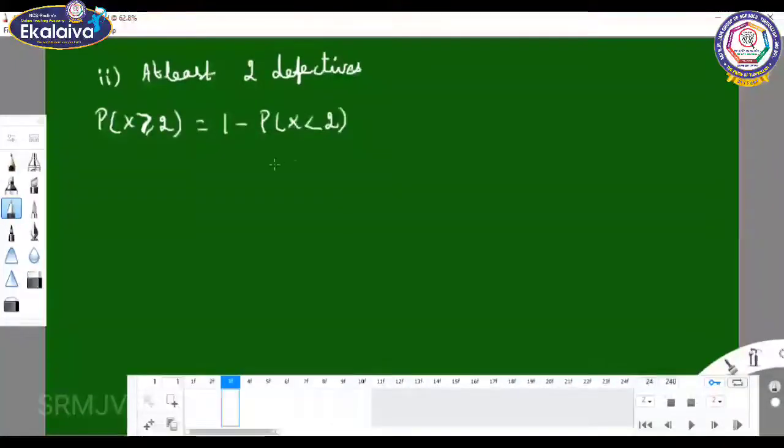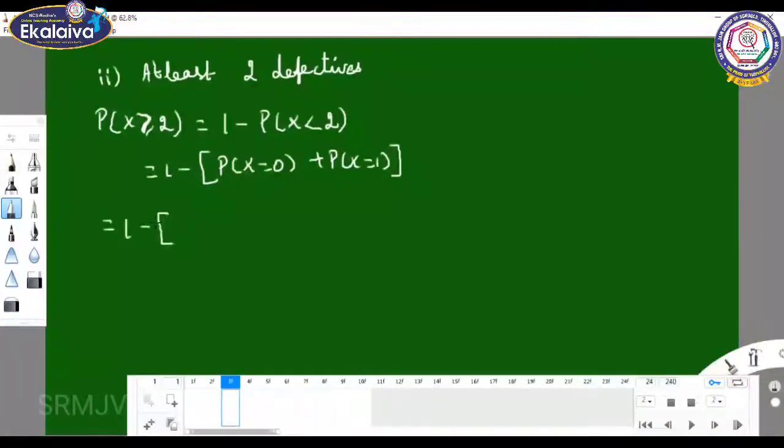The formula is that the total value is 1. So 1 minus P of x equal to 0 plus P of x equal to 1.